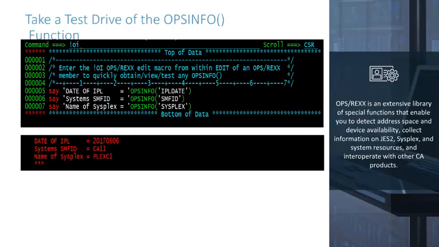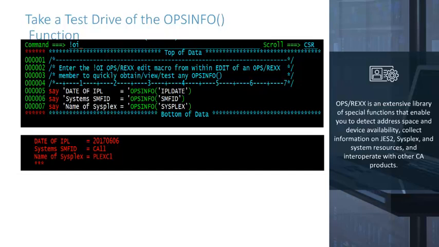Familiarize yourself with the many available OPSINFO functions by executing a test OPSREX program in your TSO foreground. To do this, create a member in your OPSMVS user rex library, similar to this sample that invokes any OPSINFO function. Utilize the rex say instruction to simply dump out the returned OPSINFO function data.